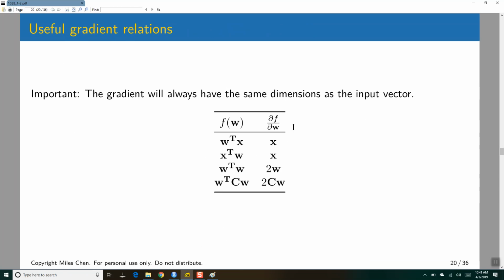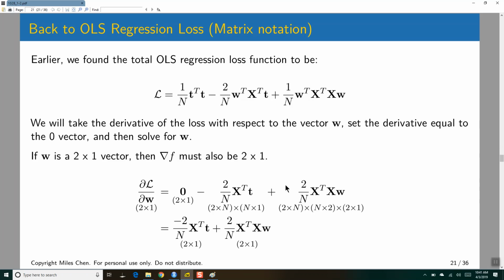I've got w transpose x transpose x w, and the result will be 2 x transpose x w here. It's basically like having 2x squared or something, and when you get rid of the square and the x, you multiply, and the derivative of 2x squared will be 4x. And similarly, I've got that. So it does go from a 1 to a 2 here.